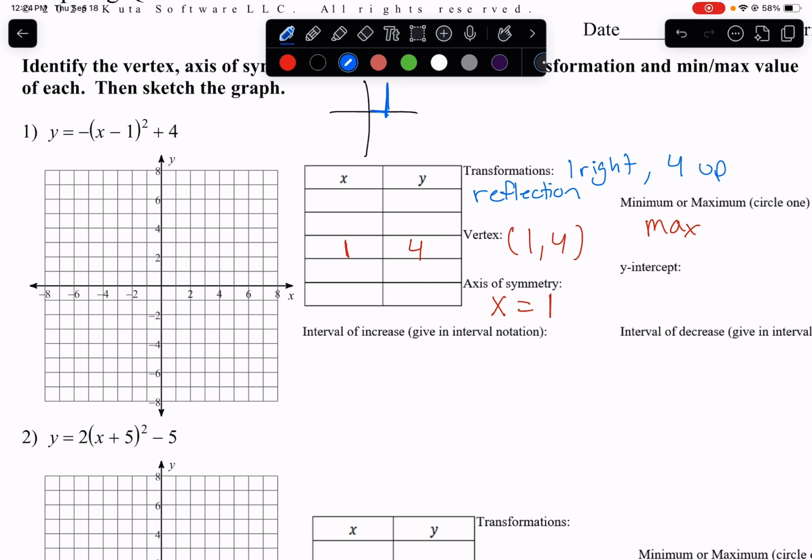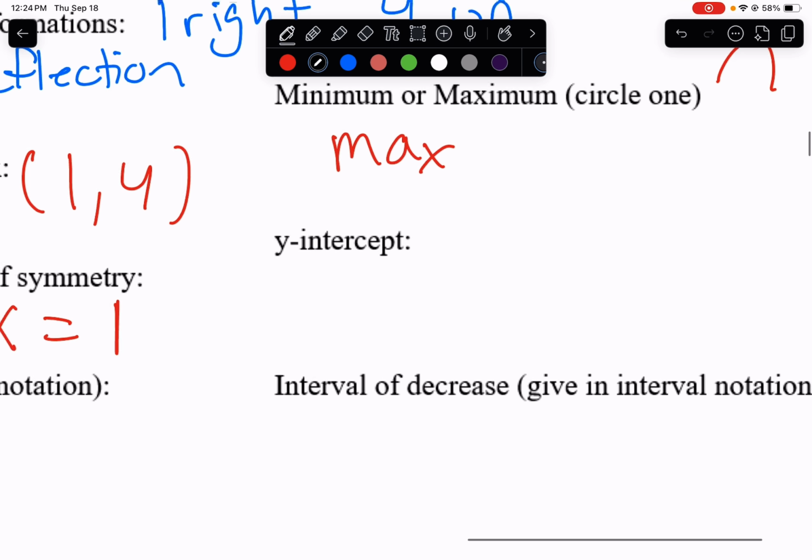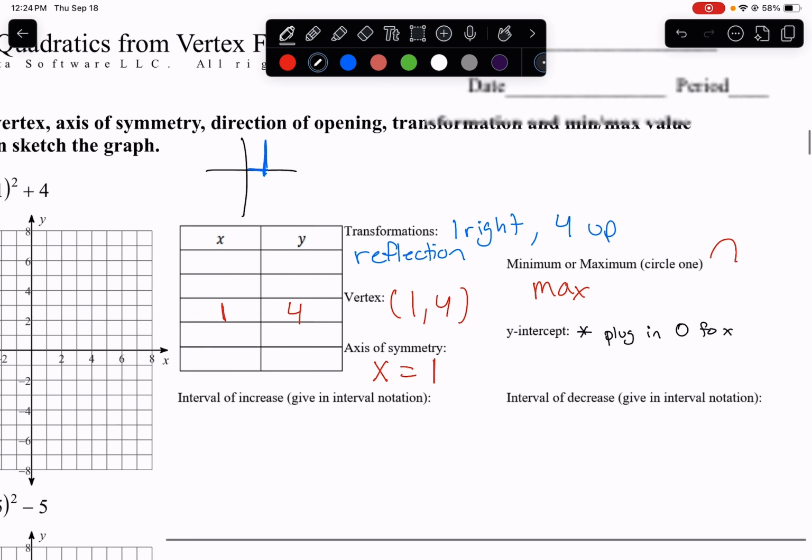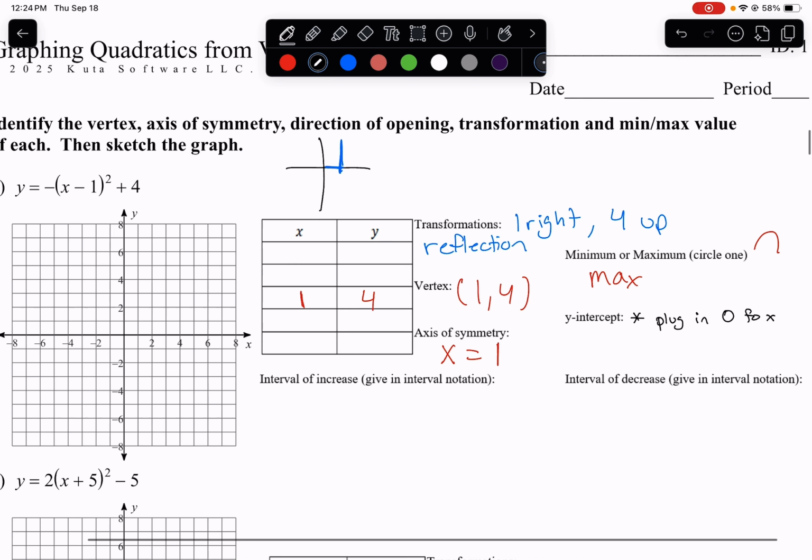All right, now to find the y-intercept, I would write this down. Whenever you need to find the y-intercept, you plug in 0 for x. So in this case, I'm going to do negative, open parentheses, 0 minus 1, close parentheses, squared, plus 4.